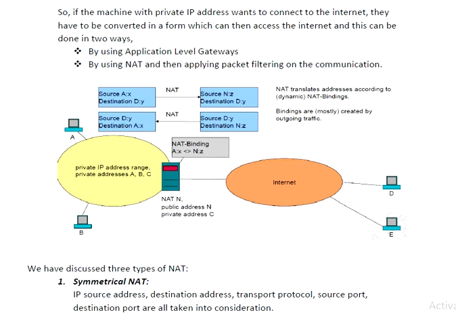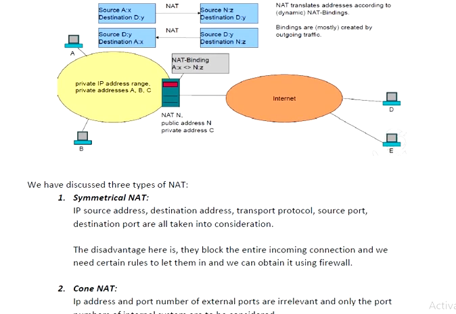NAT will then translate from the public address to the private address, from NZ to AX, and it will come to the private IP address destination AX.